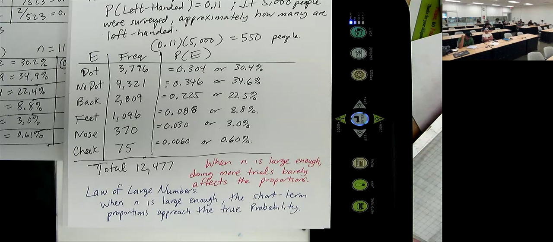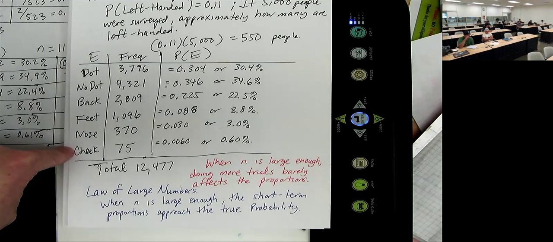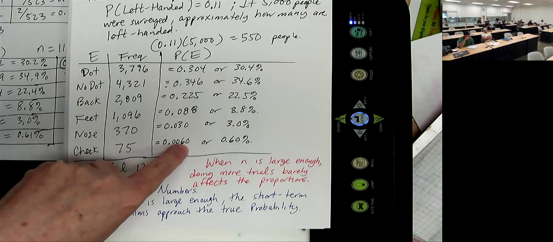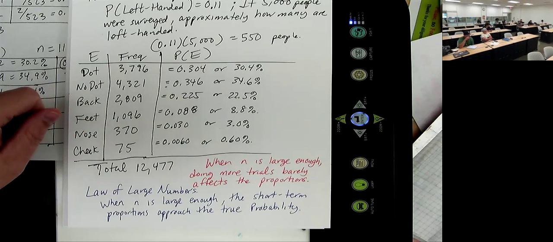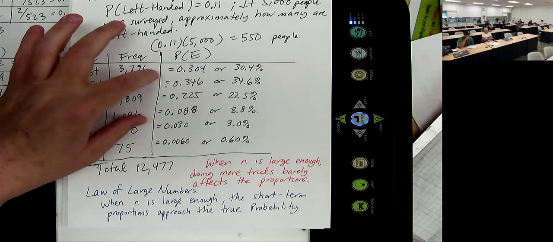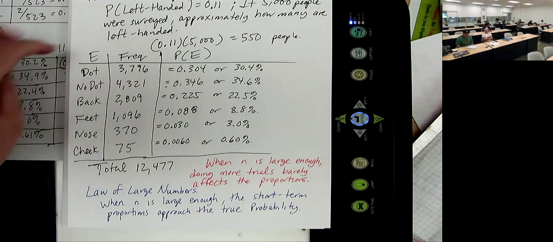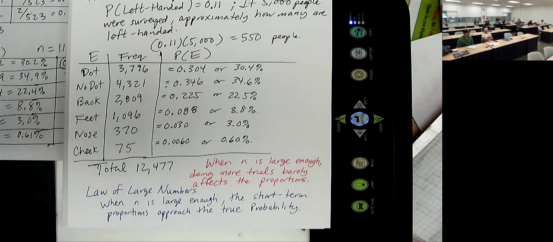Even adding 500 more outcomes didn't move the needle on 2 of them. Barely moved it on this one, and only moved it on the 4th decimal place. And these other ones changed in the thousandths place.